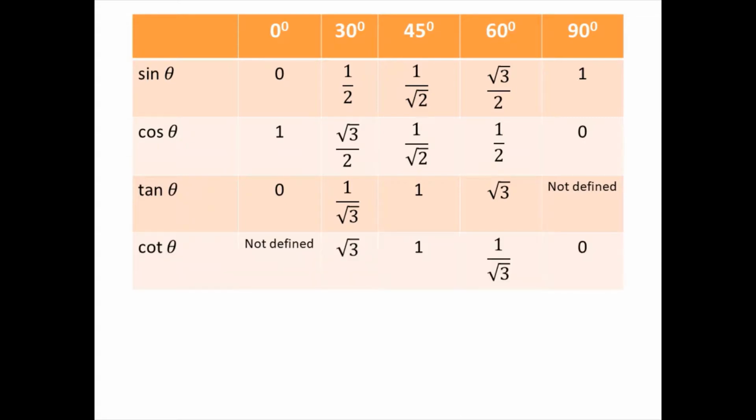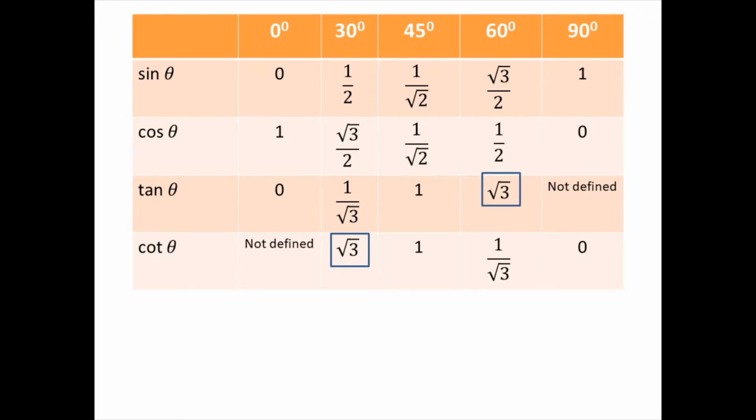Now the next ratio is cot theta. Cot theta is just the reverse order of tan theta. Easily you can write cot theta as the reverse order of the tan theta values. So tan 90 degree is not defined, so cot 0 degree is not defined. Next value is root 3.